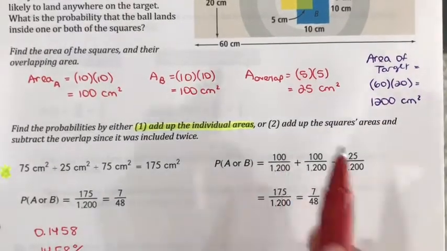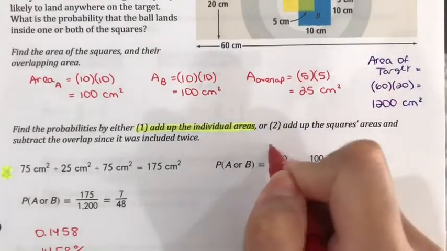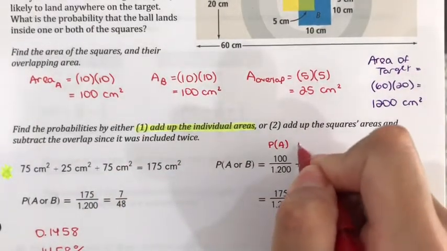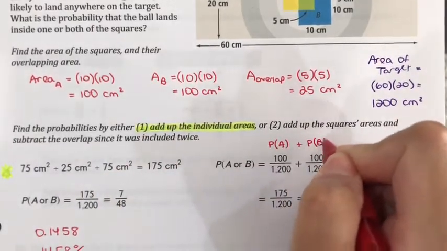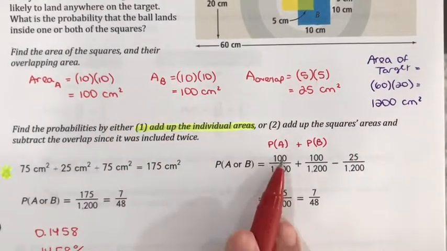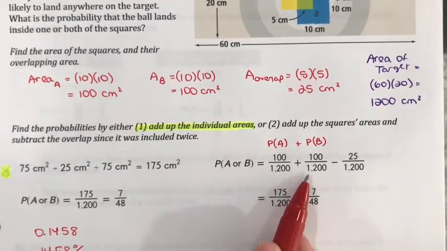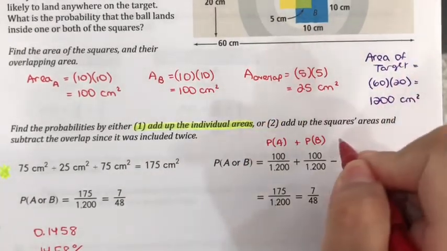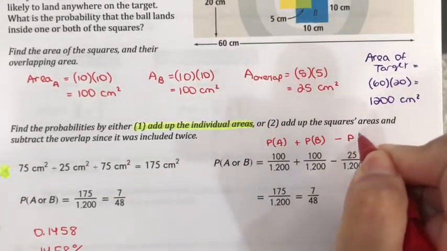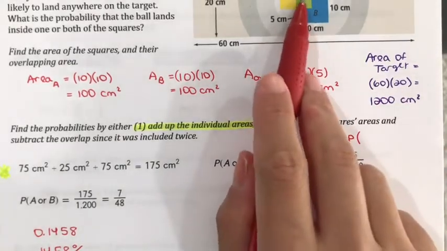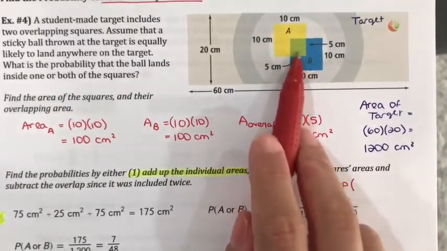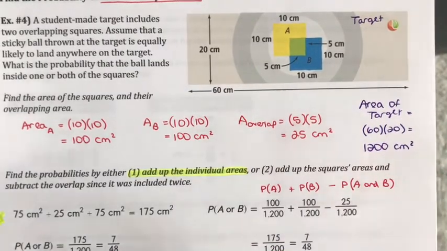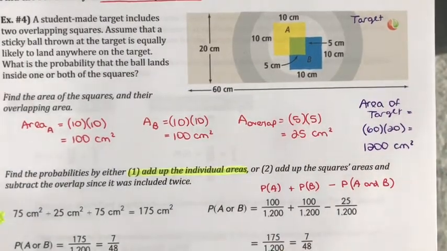So this is the probability of landing in A. This was the probability of landing in B. Okay, so notice I have 100 over 1200, 100 over 1200, and we subtracted the area of the overlap. So the overlap was where we were in A and B. You're in both sections. Okay, that's the overlapping section.